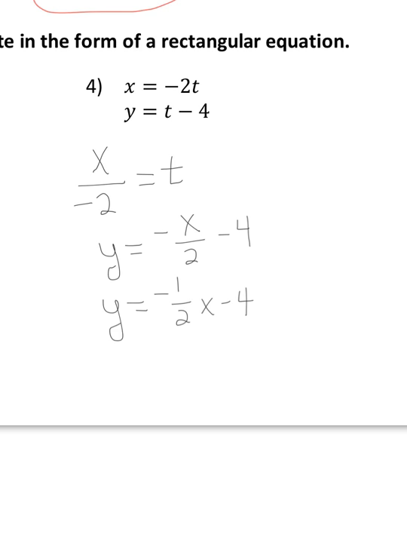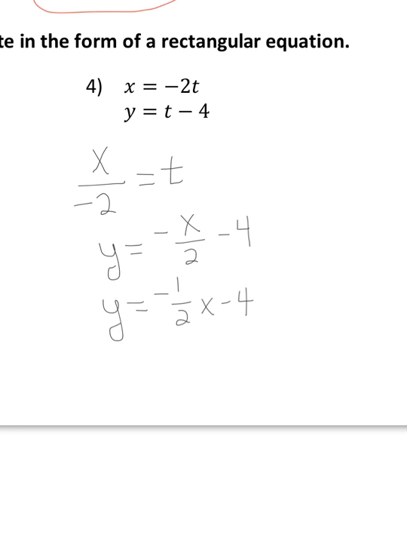All right, in this equation, I solved for t in the first equation, which is x equals negative 2t, and I got t equals negative x over 2, and then I went ahead and substituted the negative x over 2 in for t here in the y equation, and I got y equals negative x divided by 2 minus 4. And then I just simplified it one more step.